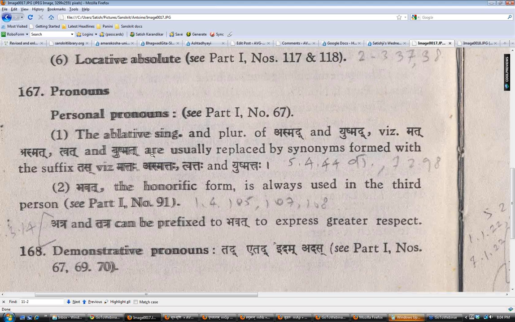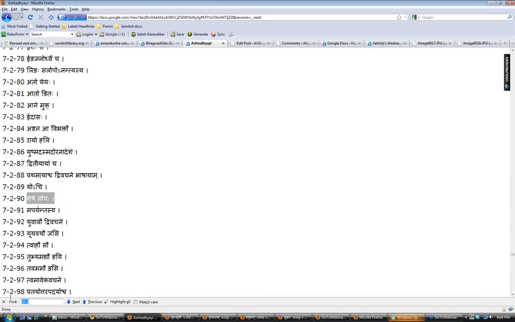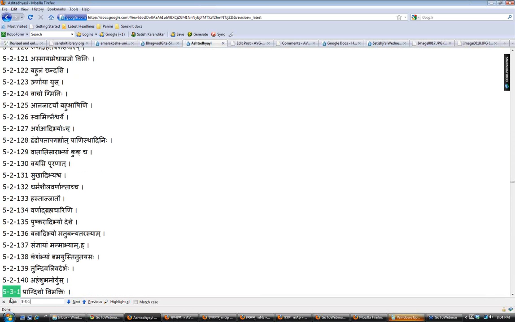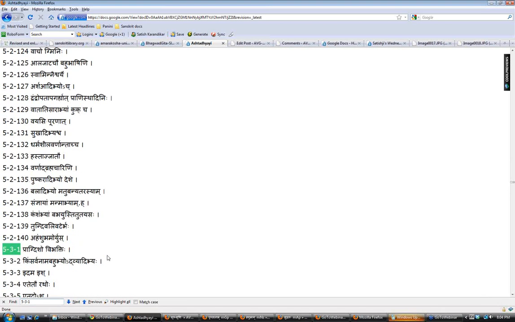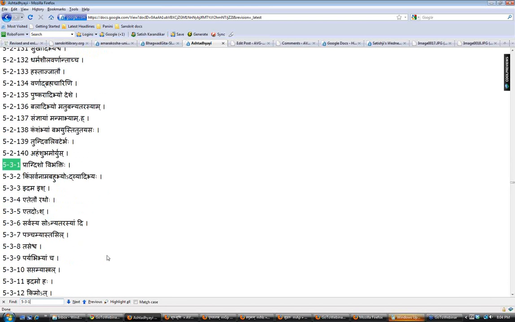Anyway, so Mattaha. Now let us look at a couple of things here. Firstly, there is a very famous Pratyaya called Tasil, Panchamyas Tasil. We have to be a bit careful about this. Can we use this sutram here? We have a Panchami. To express the Panchami, Tasil can be used. Panchamya Swarte.